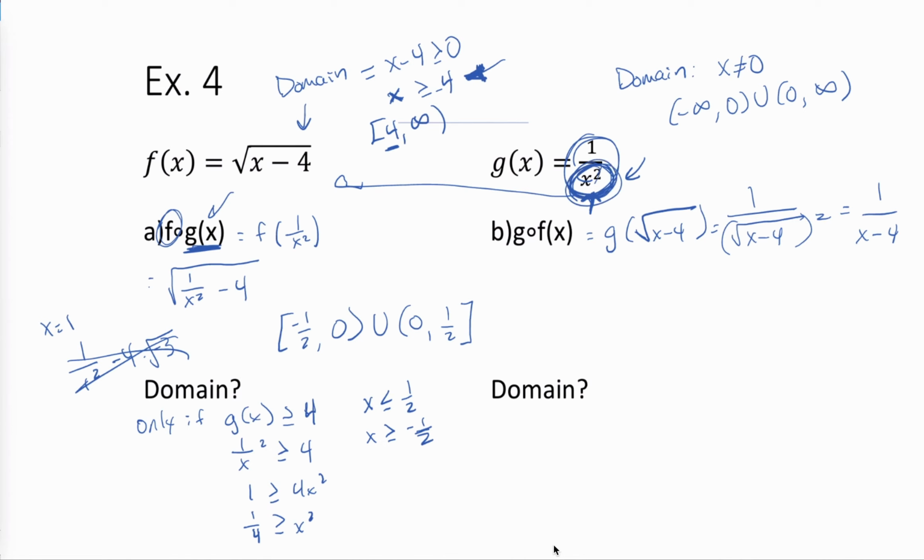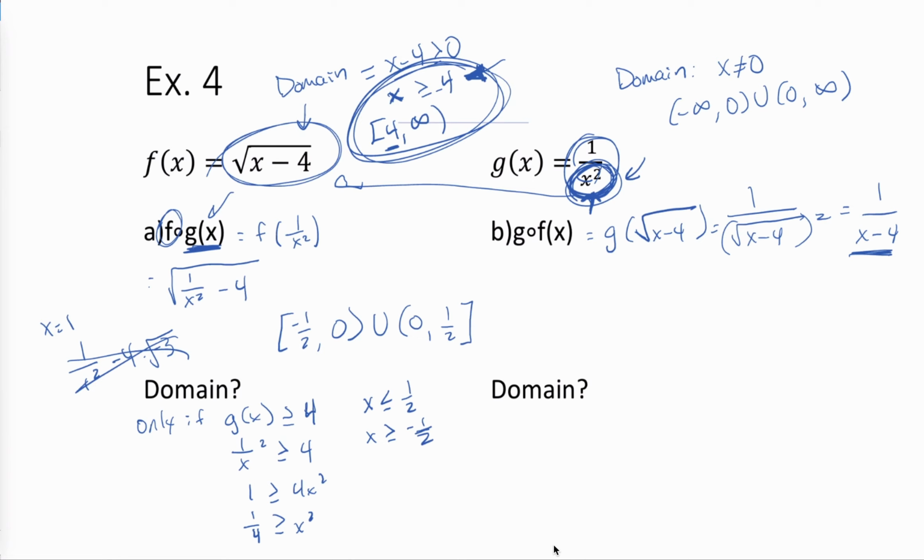For g of f of x, right, we got this function here, 1 over x minus 4, but we still have to take into account the domain of f of x. So we still can't have anything less than 4 to start with, because then it doesn't fit into f of x.